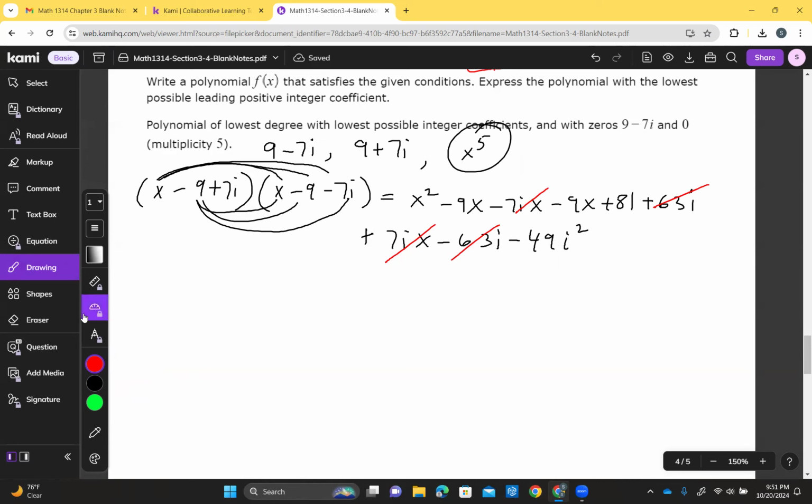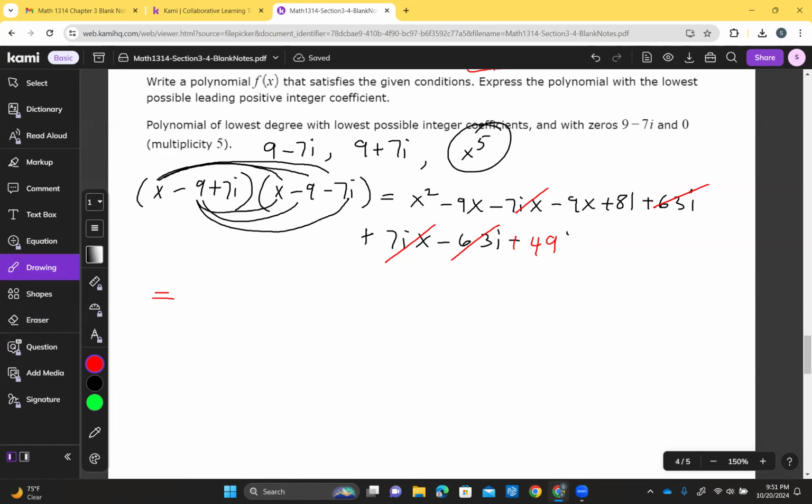Now remember, I told you that every time we see an i squared, we have to replace it with negative 1. So the i squared has to be replaced by negative 1. So here, negative 49 times negative 1 will get me a plus 49. So I just need a plus 49 there. So let's simplify.